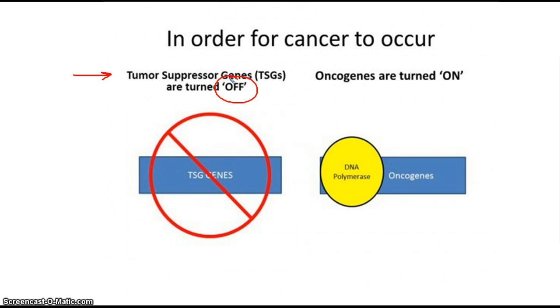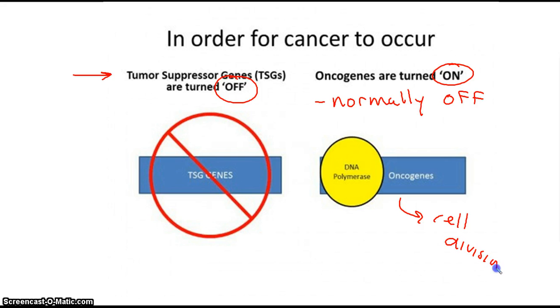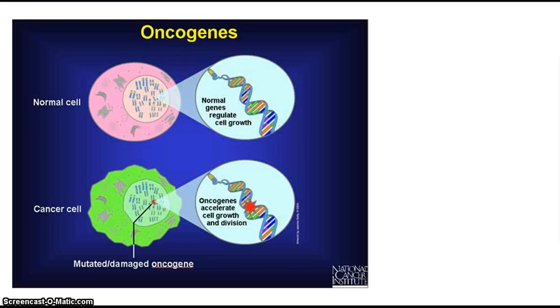So if there's a mutation in a tumor suppressor gene and it turns it off, we can have issues. The other one are oncogenes. These ones are normally off. And when proto-oncogenes get turned on, they become oncogenes, and this can lead to uncontrolled cell division.